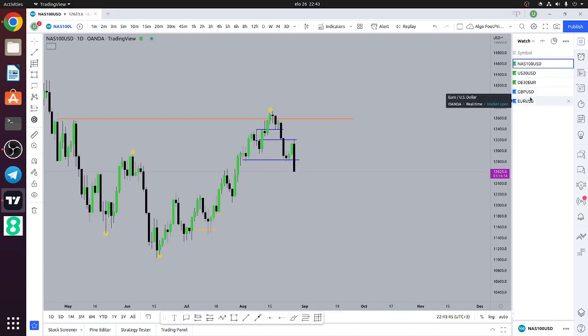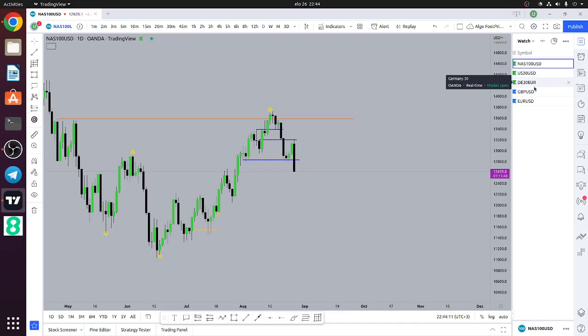I added these two pairs recently, I think about a month ago, because a few weeks ago the indices were not performing well. The price action wasn't so clear.